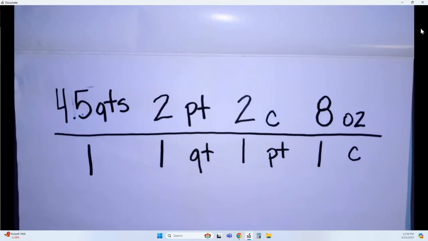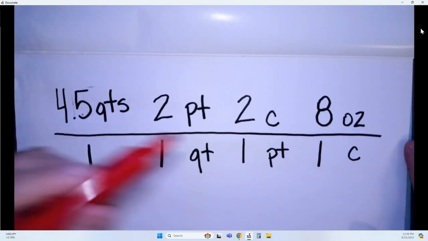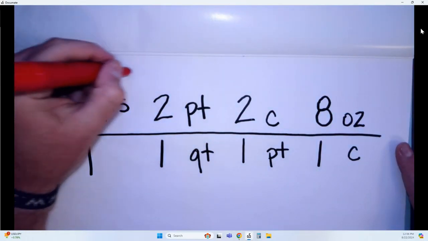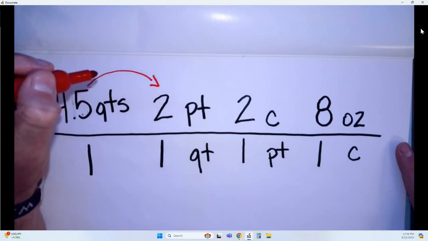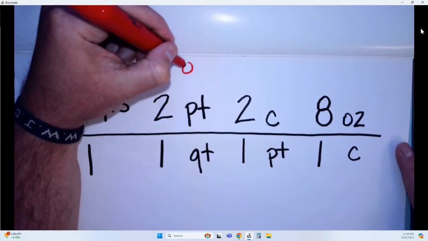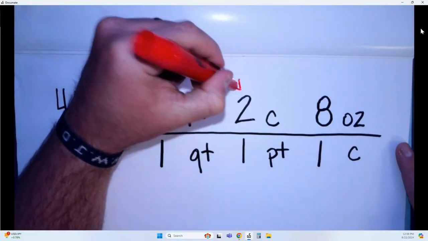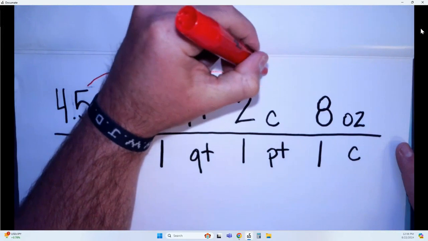Now I'm going to work on the top line and multiply everything from left to right. 4.5 times 2 will give me 9. 9 times 2 gives me 18.